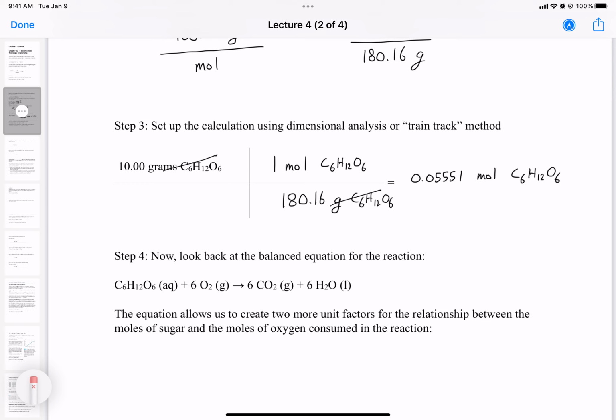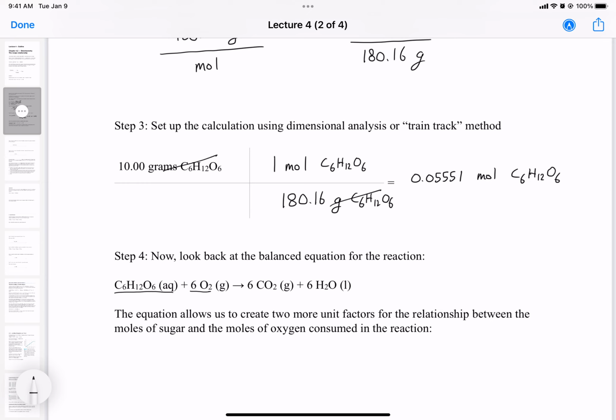Now we look at the balanced equation for the reaction. We see for every sugar molecule, so for every one glucose molecule, we have 6 oxygen molecules here, or 6 moles. So our original question was, predict the amount of oxygen we have to breathe to digest this amount of glucose. So now we have all the information we need, the moles of glucose.